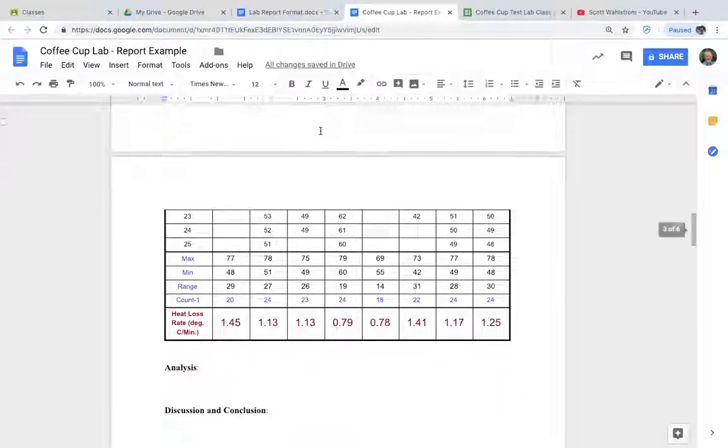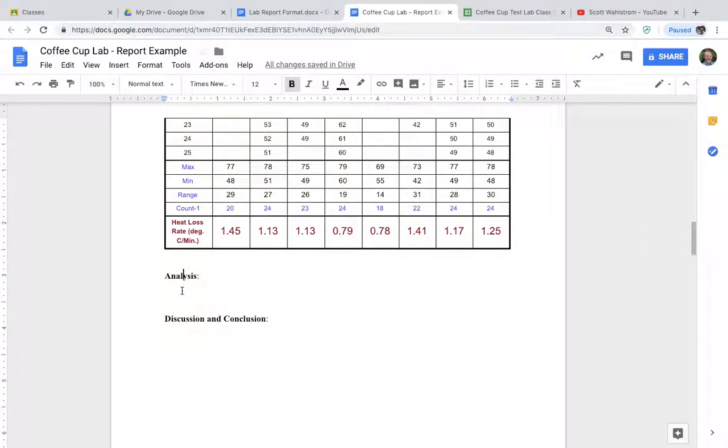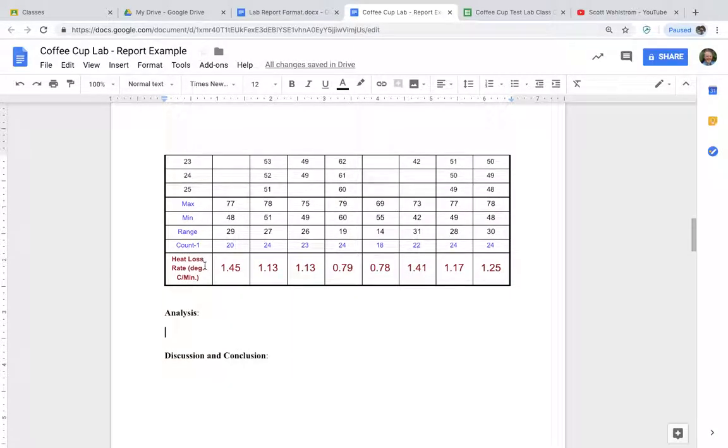Okay, so moving on down to the analysis. In the analysis, you should make some kind of description or discussion of your data and what it means. So first of all, your most important information that you've developed is this heat loss rate. This heat loss rate really determines which cup performs the best, because a high number means it's losing heat quickly, and a low number means it's losing it slowly.